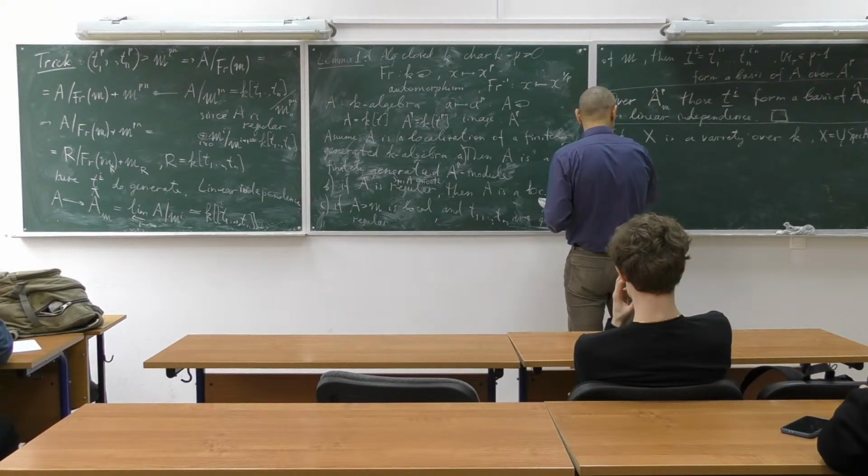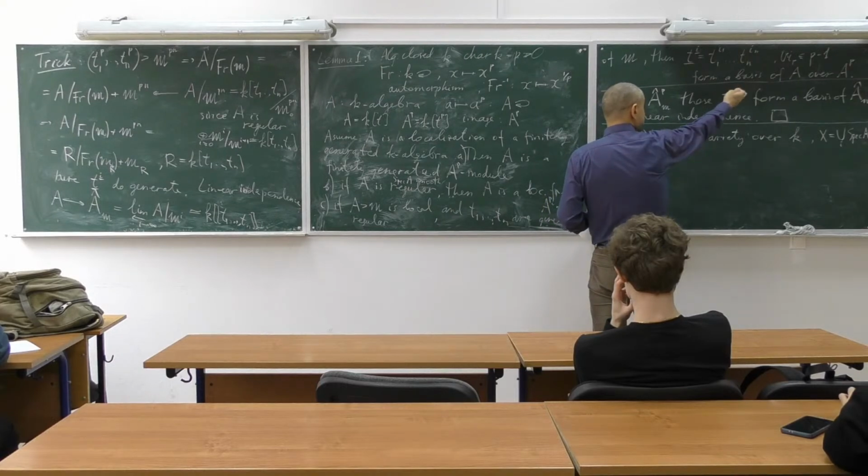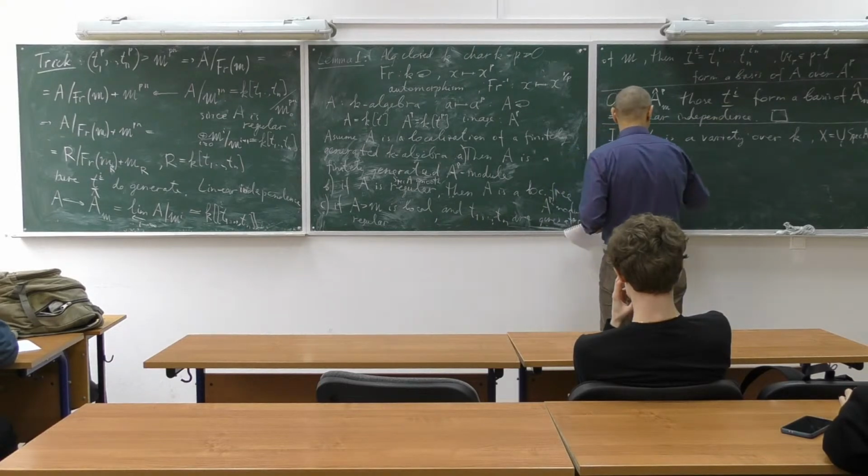We can consider the Frobenius morphism from X to itself that locally looks just like this. So it is the identity on topological spaces.